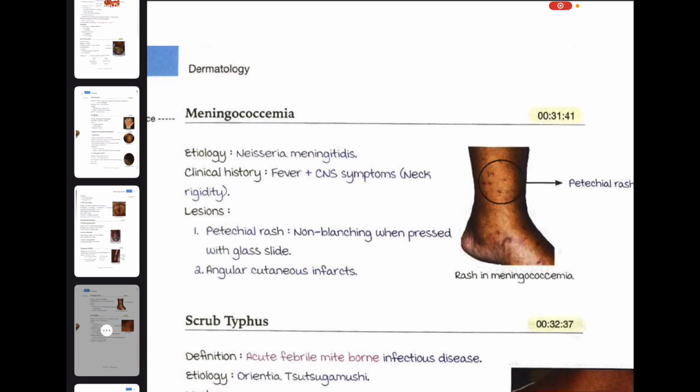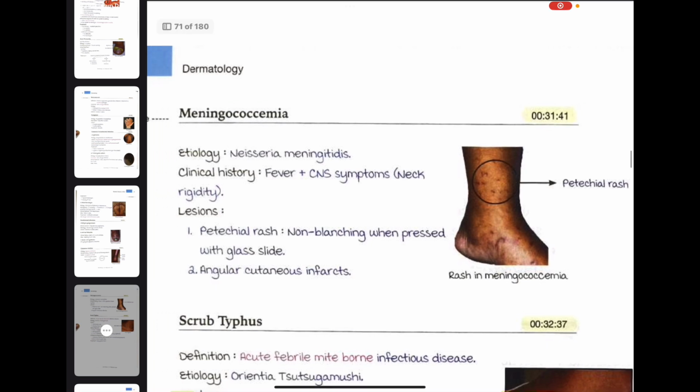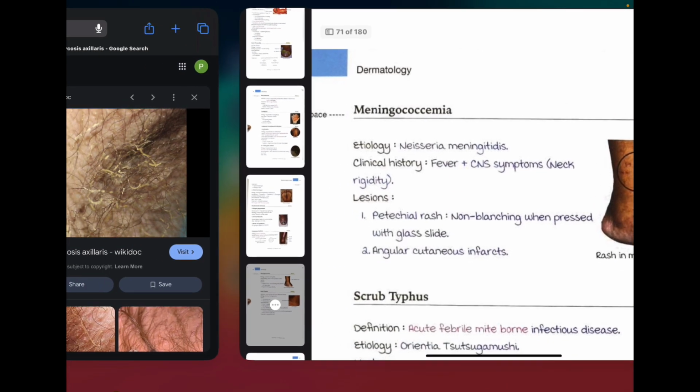Meningococcemia. Etiology: Neisseria meningitidis. Clinical history: fever plus CNS symptoms, neck rigidity. Lesions: petechial rash, non-blanching when pressed with glass slide. Angular cutaneous infarcts.